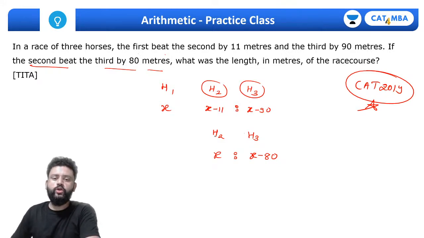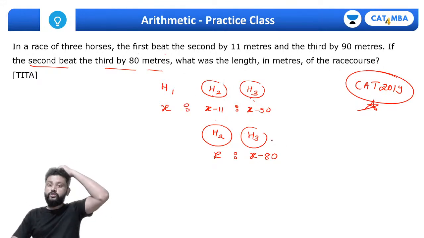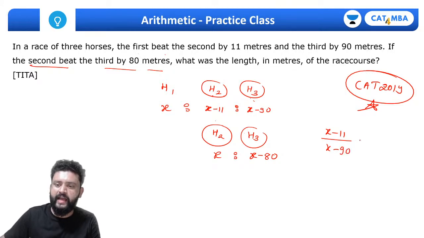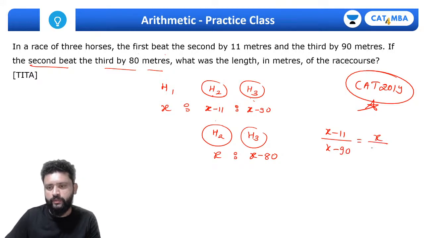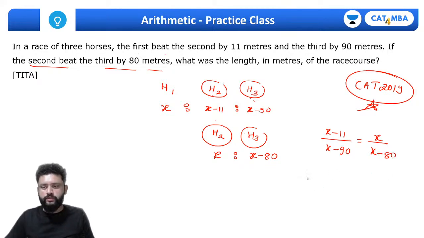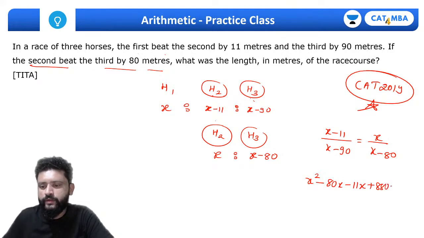Now understand, both of these are the speed of h2 and h3, so from these we get that the ratio should be the same, h2 is to h3. That simply means x minus 11 upon x minus 90. I guess your calculation is also right. X upon x minus 80, which comes out to be x square minus 80x minus 11x plus 880 will be equal to x square minus 90x.